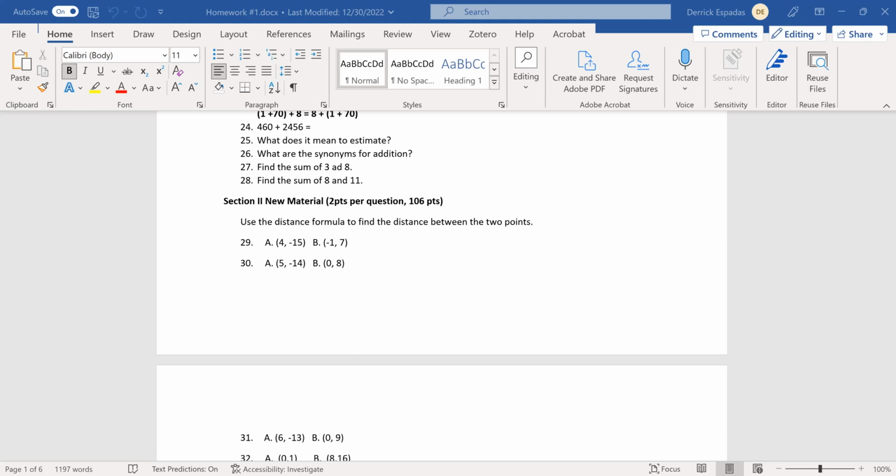So we're going to take x2, 0 minus x1, which is 3, and 0 minus 3 is -3. So let's go ahead and just take care of that one right now. Then we have our y2, which is 8 minus 4. And when we do the arithmetic on that, 8 minus 4 is 4.